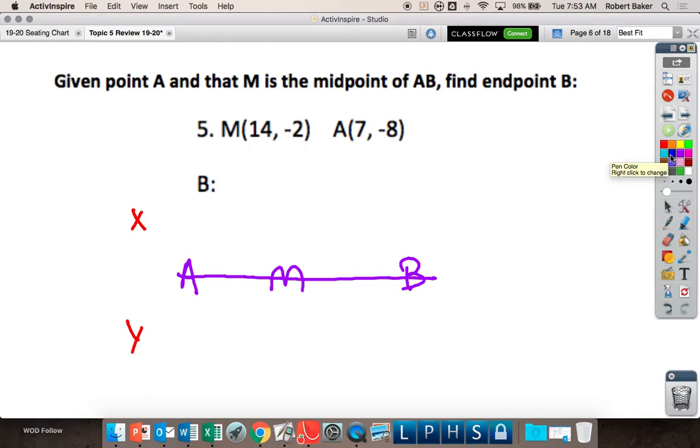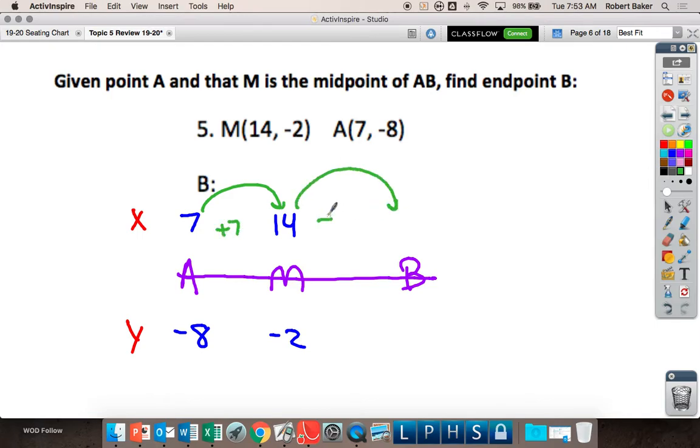The A is at the location 7, -8. And M is at the location 14, -2. So the game here is, how do I get from the X of A to the midpoint? That's by doing +7. So I need to do that again to get to the other endpoint. 14 plus 7 is 21.